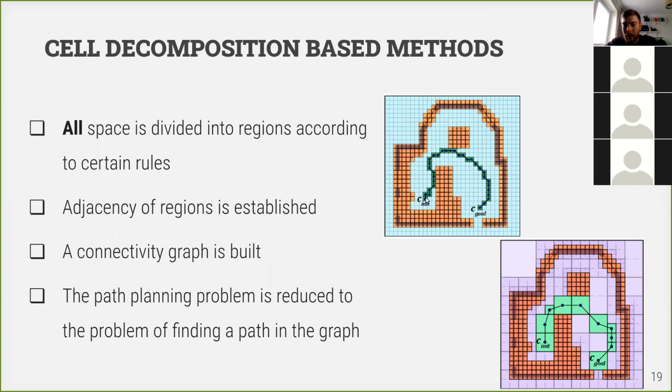This is just Euclidean distance on a straight line. So it doesn't matter if there are obstacles, we still will have just a Euclidean distance, a straight line here, to measure the distance from C init to C goal, or from any cell to C goal. And this will be our heuristic. So we will compute it for each cell in advance.